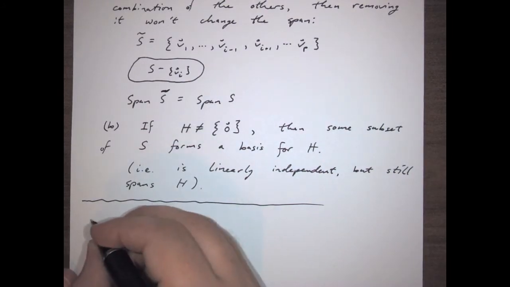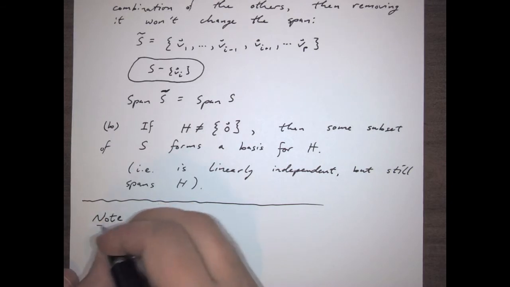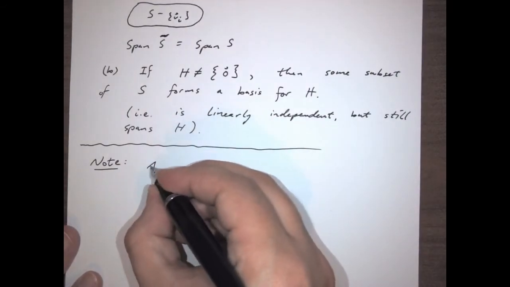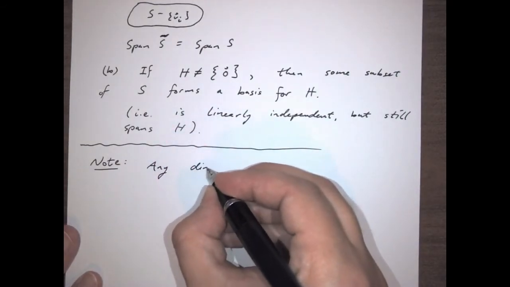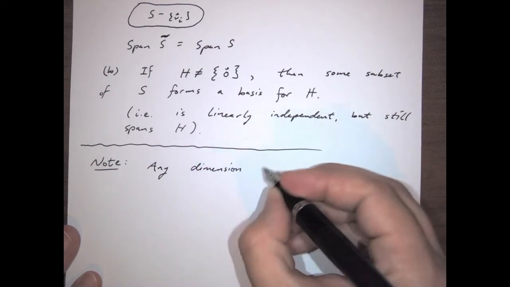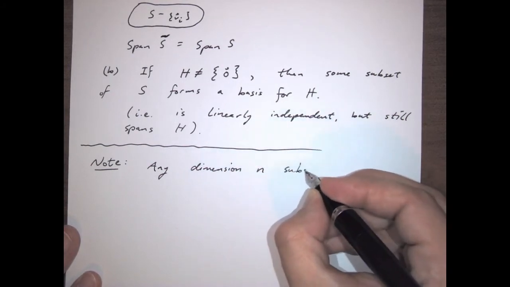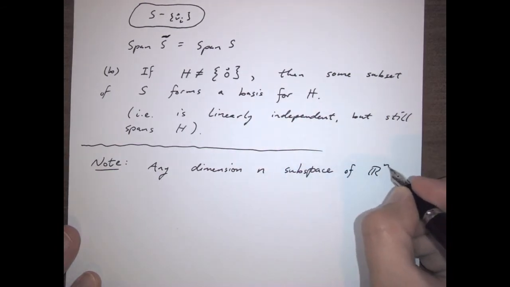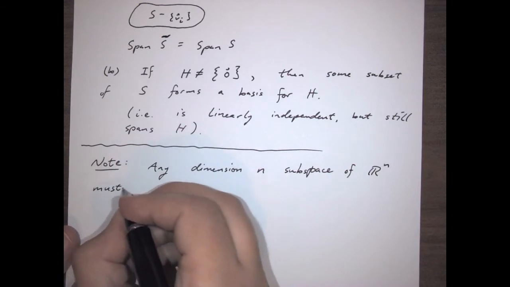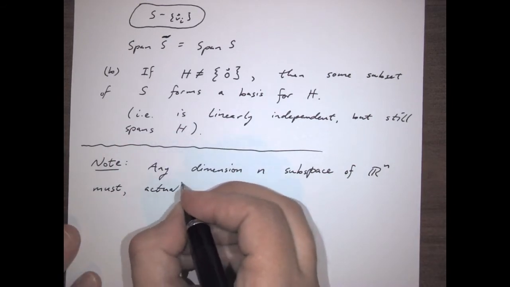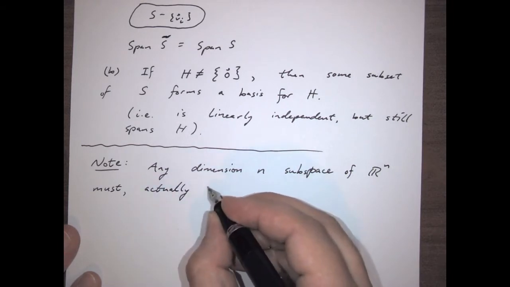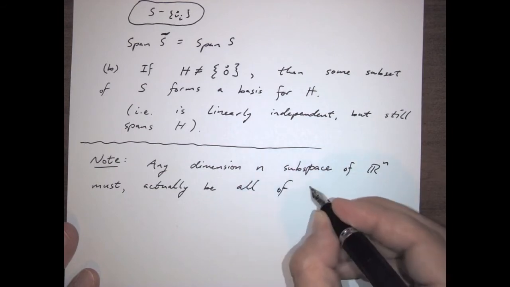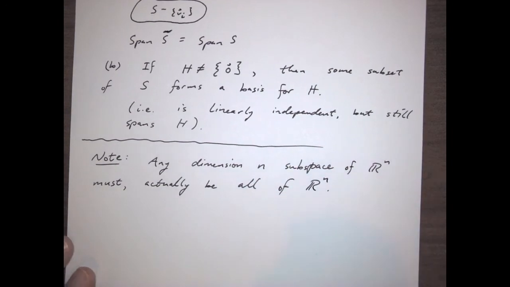Now, as a follow-up to that is the following note. Any dimension n subspace of Rn must actually be all of Rn.